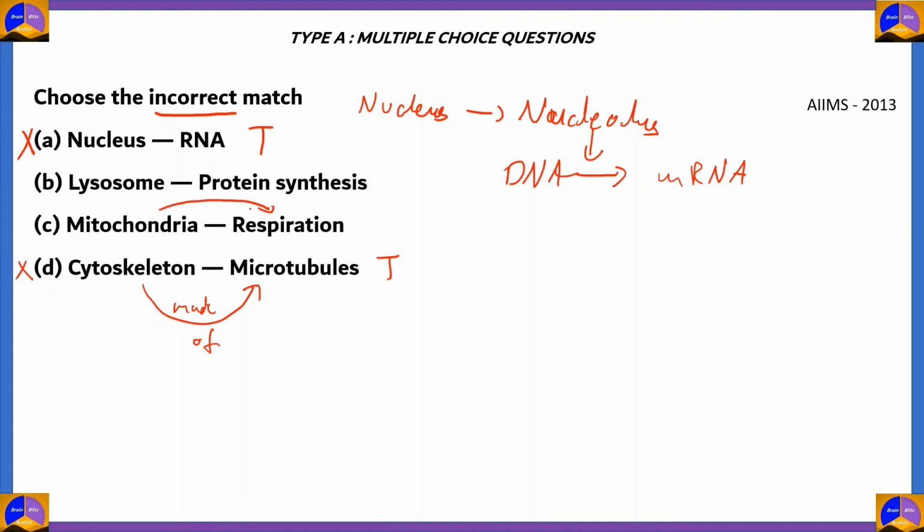Mitochondria are the site of respiration, especially aerobic respiration. So therefore, the match is correct, which makes the option incorrect. Therefore, our right answer is option B, lysosomes, protein synthesis. This match is not correct.